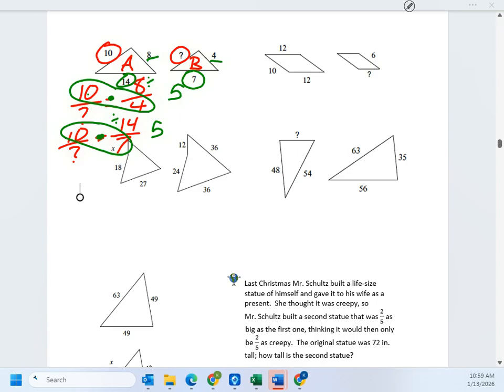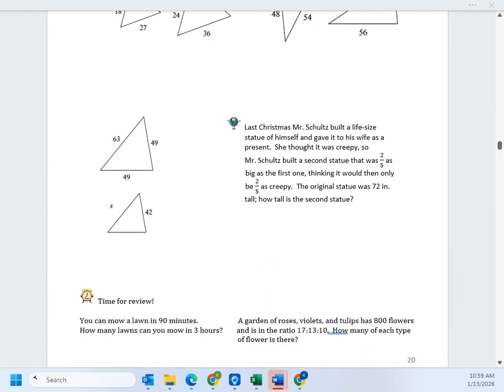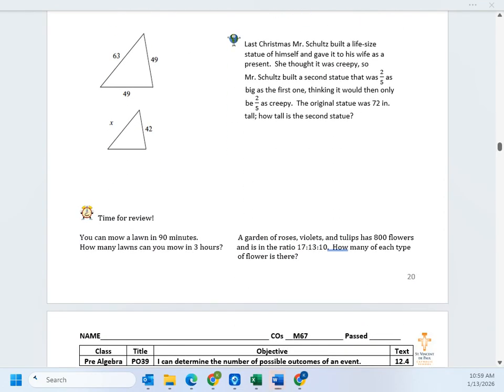All right, so you're going to do the rest of these, matching up your A's and B's and matching up those sides, solving for proportion. Here, it's a word problem. You're going to want to draw a picture to help you figure out what your shapes look like and figure out where those side measurements go.